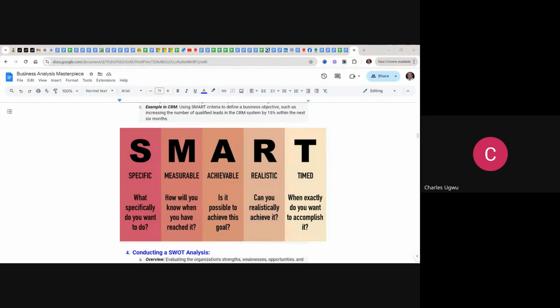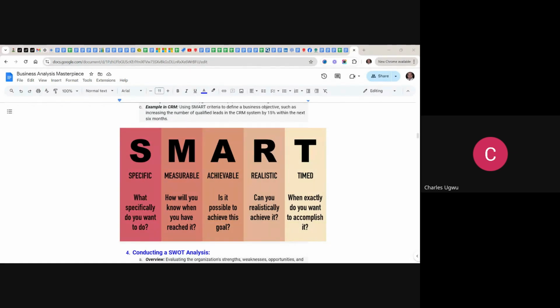Here is specific. You see how many bedroom flats are you going to build? It's a 5-bedroom flat. You are specific about the size of the house you need to build. And you're building it within a specific duration of time. It's simple.